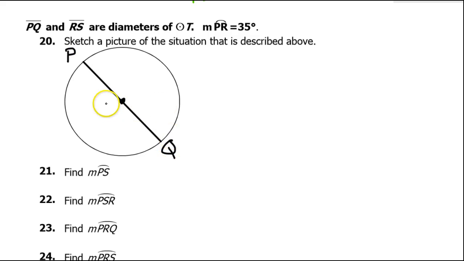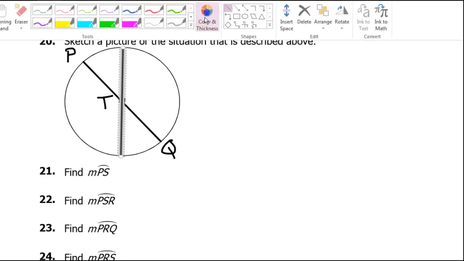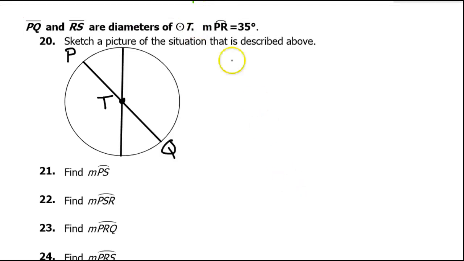And this must be point T, by the way, because we call it circle T. That means the center has to be T. Okay, now we will have another diameter. And this is RS.